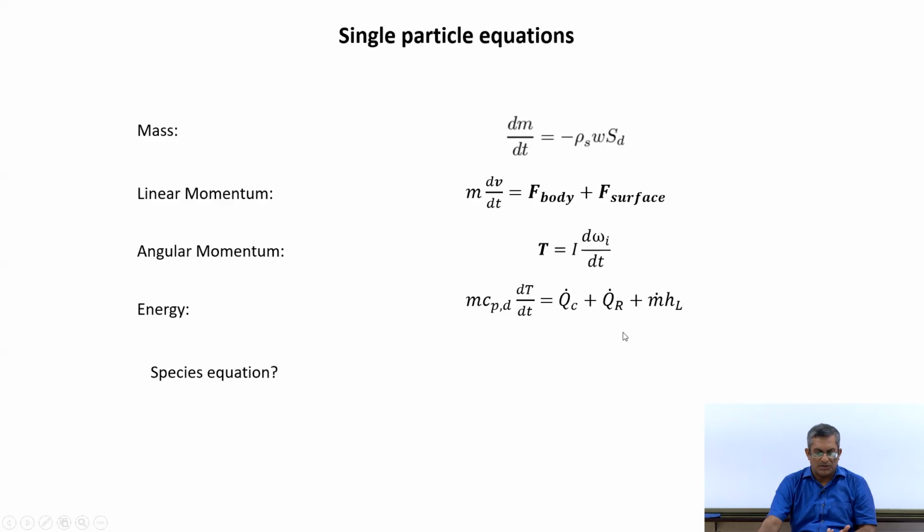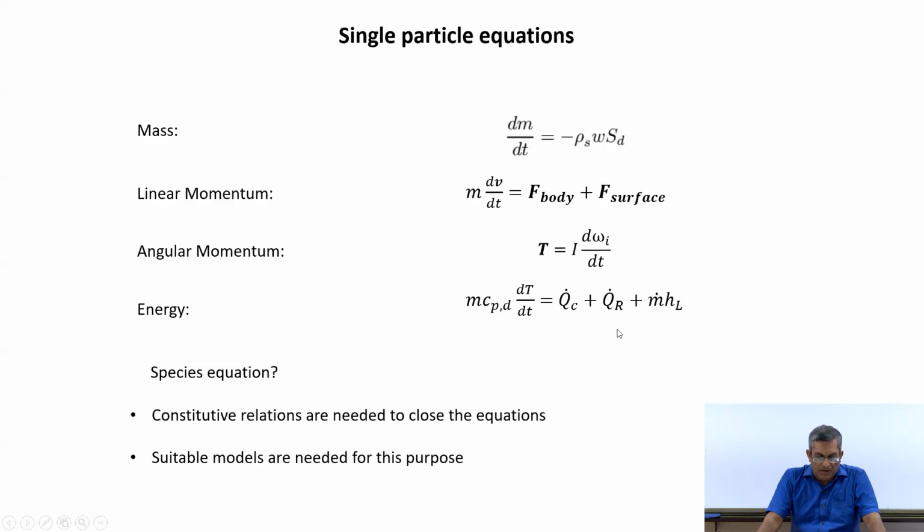Similarly, in case of the energy equation, we need to express this in terms of temperature. So, that is why we need constitutive relations to close the equations. For that purpose, we need suitable models to relate these quantities to the fundamental quantities. Now, we will revisit the conservation equations one by one and see what types of constitutive models exist.